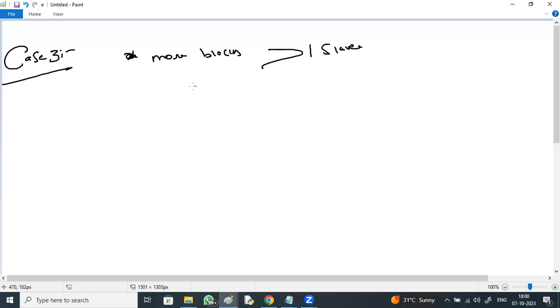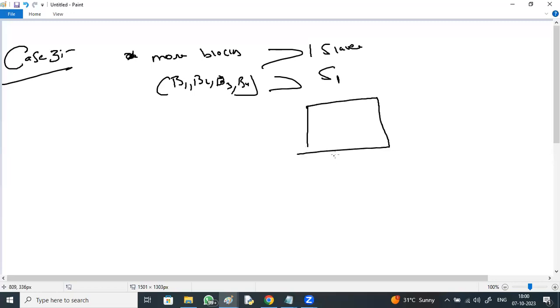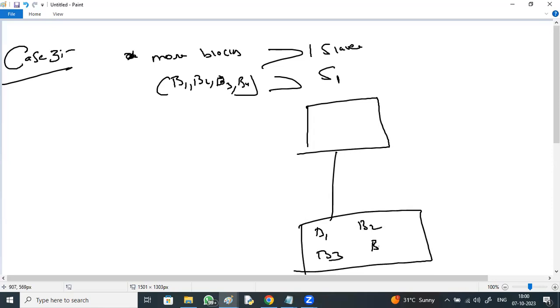Assume that you got 4 blocks, B1, B2, B3, B4, and only one slave, S1. This is your master, this is your slave. B1 is stored here, B2 here, B3 here, B4 here.